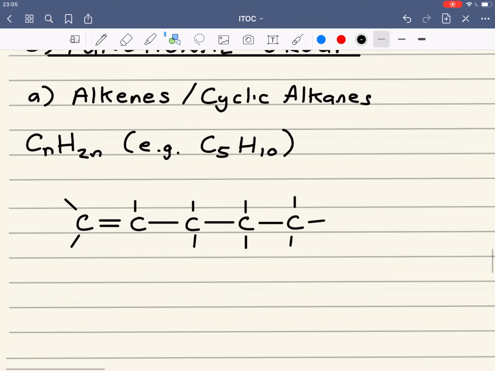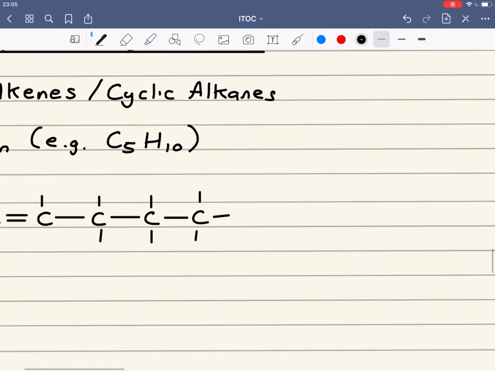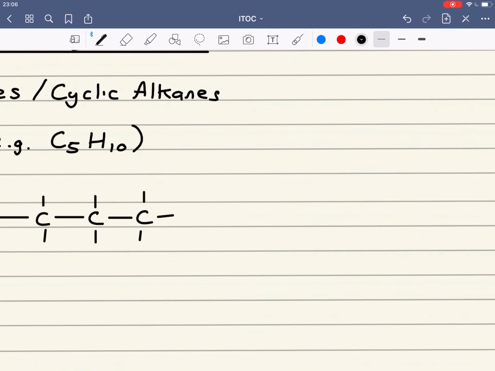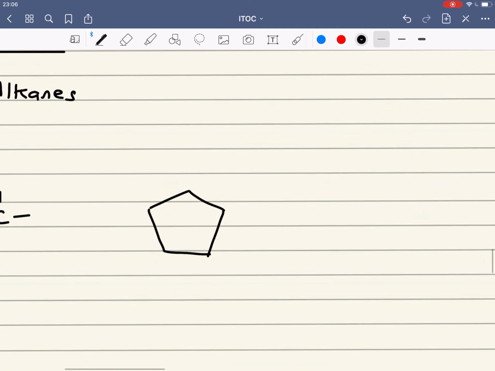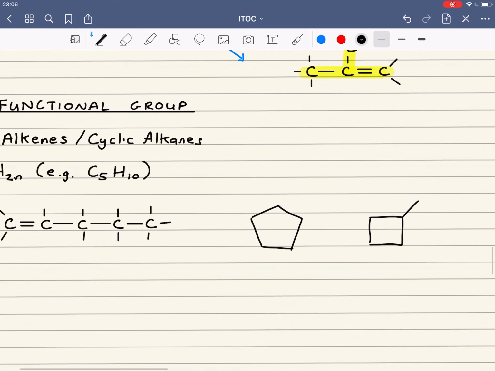But it could also be a cyclic alkane. And the simplest cyclic alkane we can draw is cyclopentane. Could be methyl cyclobutane, which would be this molecule. Any cyclic alkane would do.